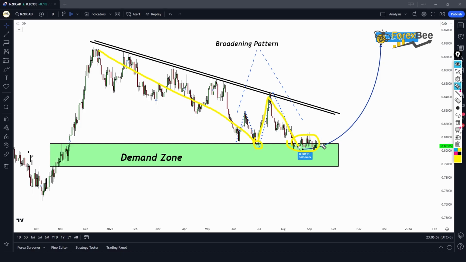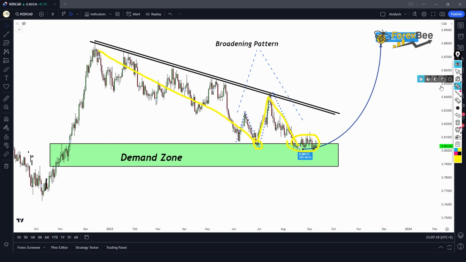Now after this analysis, we have done two things. First, we have analyzed that there is this impulsive wave, then the market is retracing back. And secondly, we have seen that there is a reversal point that can lead the market to move in the bullish direction in future.